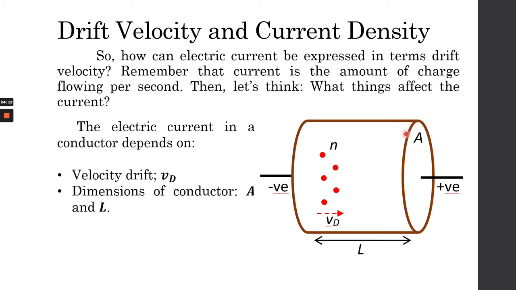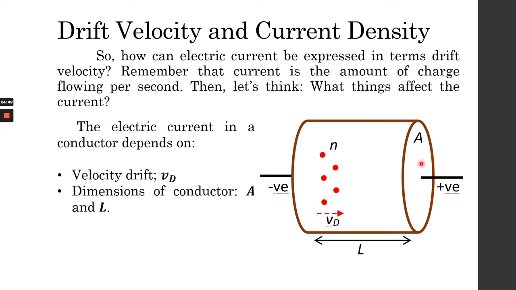The cross-sectional area of our conductor and how long our conductor is also affect the current. Why is that? Because it's the amount of charge moving per second. So the longer the distance it has to travel, the more current it means. And the bigger the cross-sectional area is, the more electrons there could be in there. The smaller it is, the fewer electrons could pass through the wire.